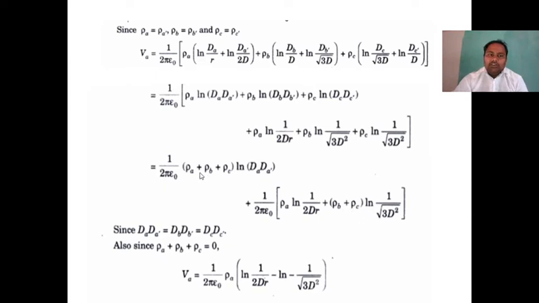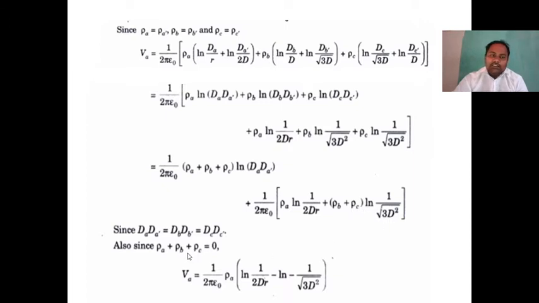If you observe carefully, rho A plus rho B plus rho C in a balanced condition, what happens? All the charges sum to 0, so this term becomes 0. So we finally get only one term: 1 by 2 pi epsilon naught, rho A log 1 by 2Dr plus rho B plus rho C log 1 by root 3 D square.